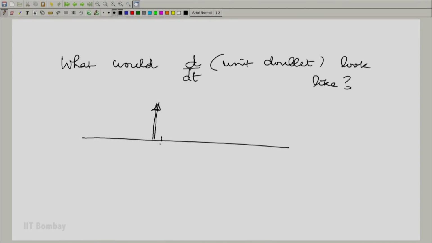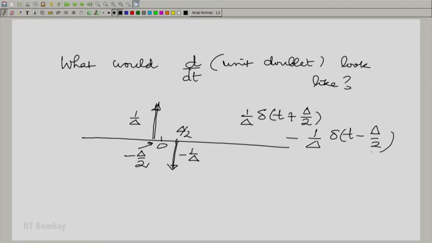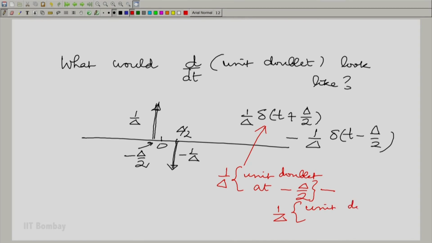So, you have a unit doublet which is like this. So, it is of the form. Now, if I want to take a derivative of this, I would need to put two doublets. So, you would get 1 by delta times a unit doublet at minus delta by 2 minus 1 by delta times a unit doublet at delta by 2, which comes from here.